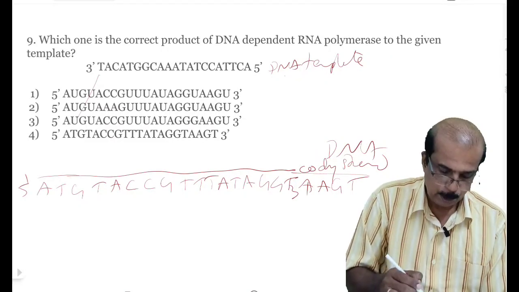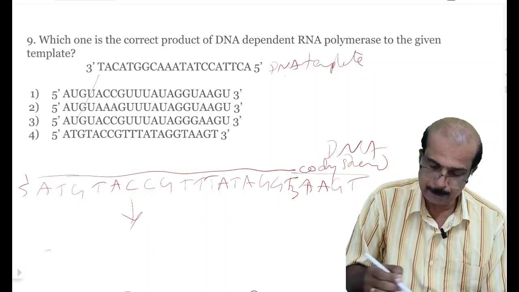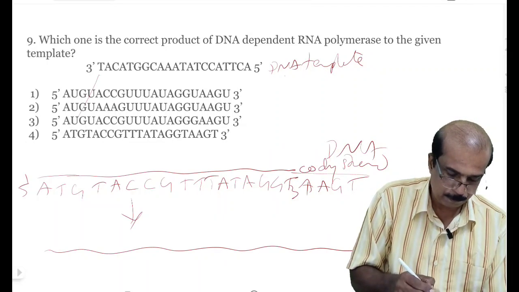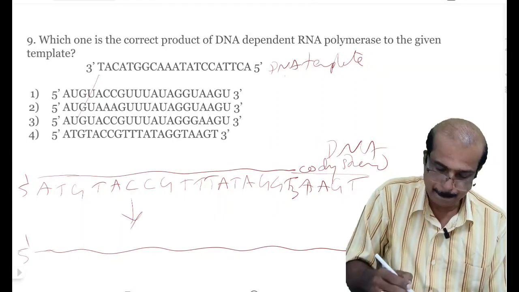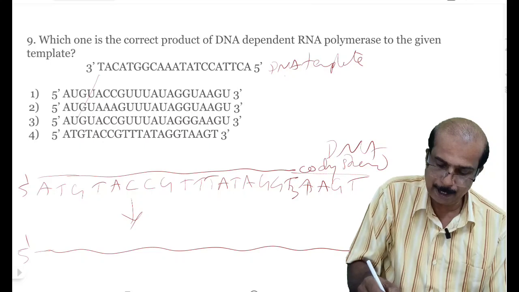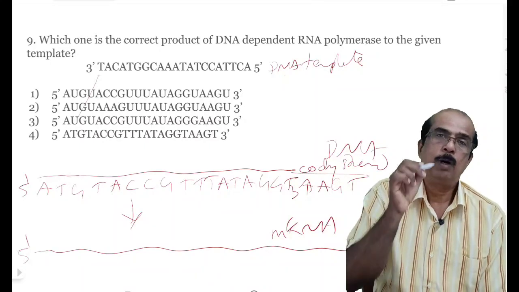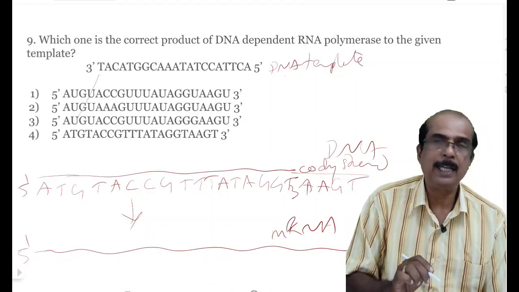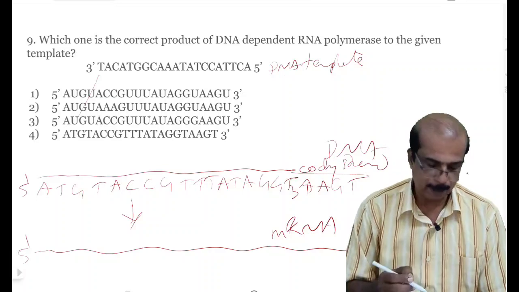From this, you can arrive at the nitrogen-based sequence of your mRNA. The only thing you have to do is replace thymine with uracil.